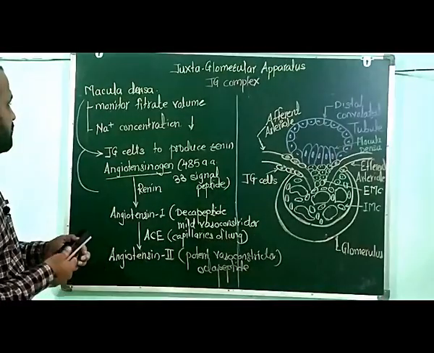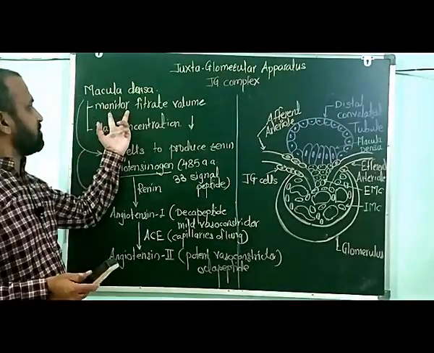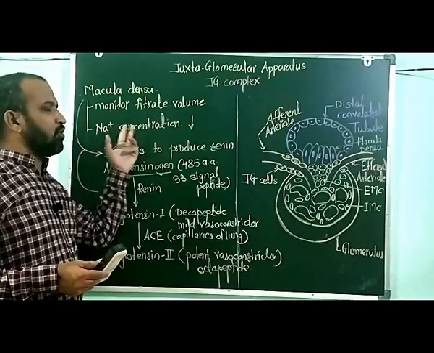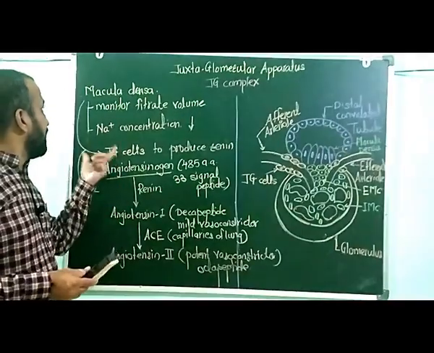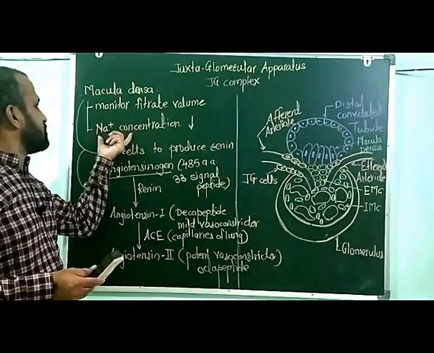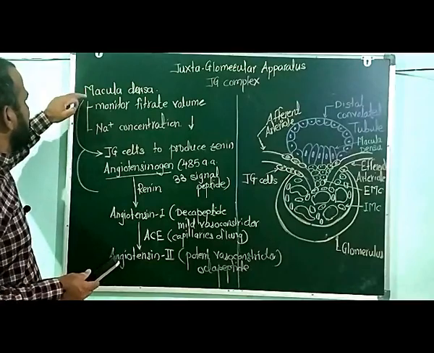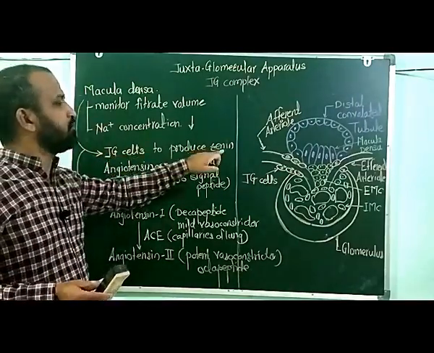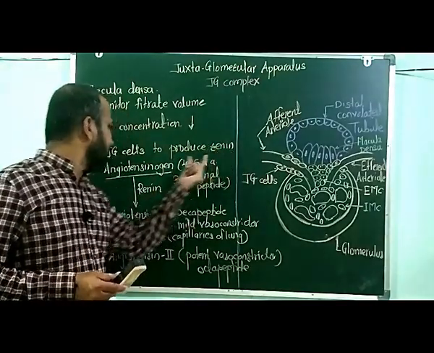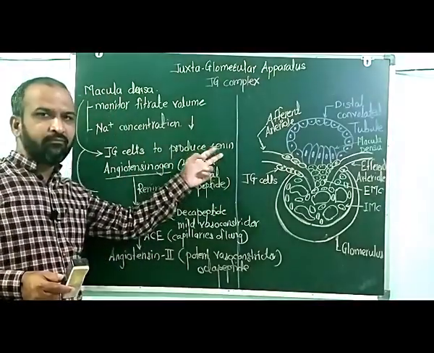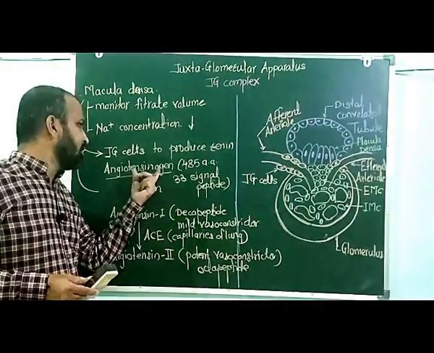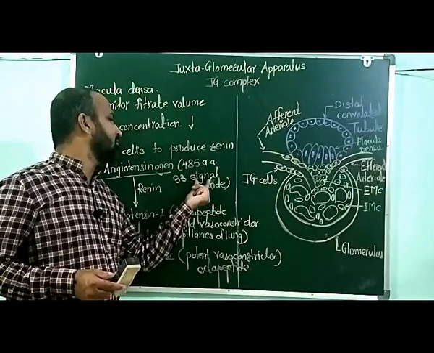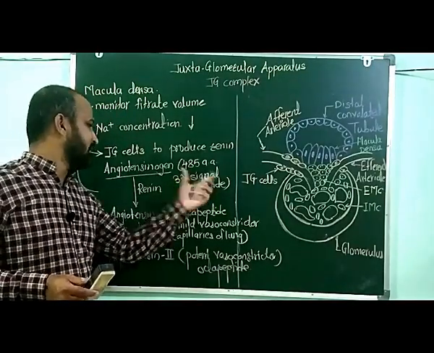Are you getting? The macula densa cells are responsible for monitoring the filtrate volume and they regulate the concentration of the sodium ions. When there is a drop in the concentration of sodium, two events occur. The first is it stimulates the JG cells to produce renin. Now, this renin is an enzyme which converts the angiotensinogen, which is a 485 amino acid long protein having a 33 amino acid signal peptide.